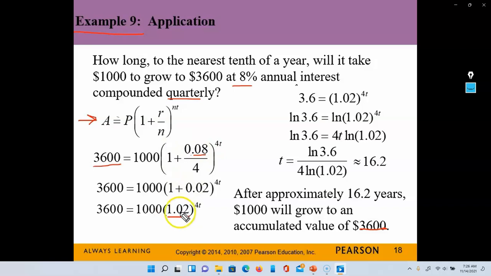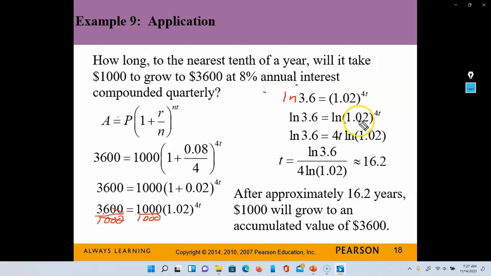All right, so what happens now? Well, to simplify, we can divide both sides by 1,000. And this just cancels out here in a sense. And we get this. Now, we want to put this in natural log form, which is what they're doing here.